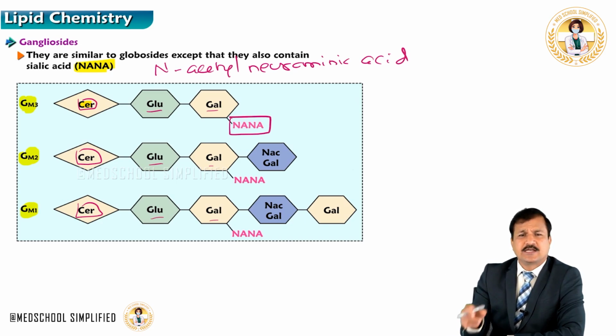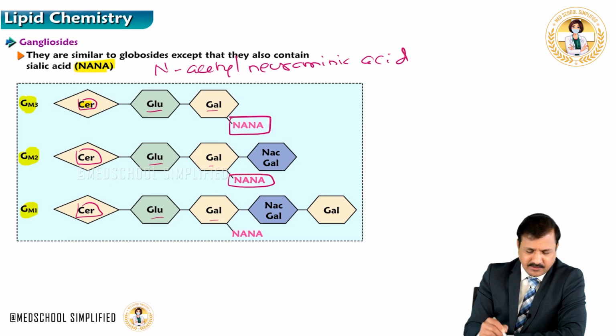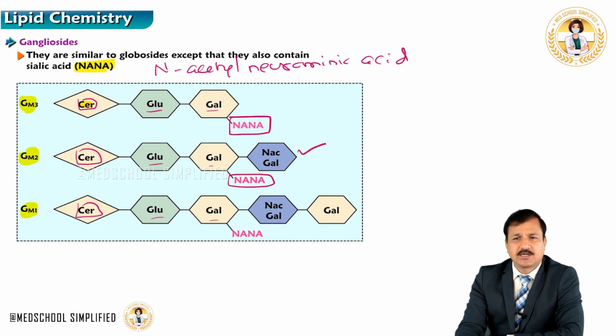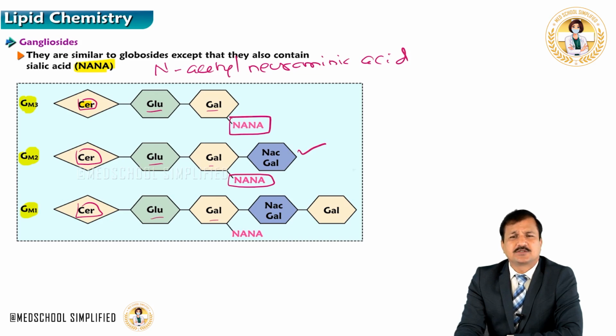GM2 ganglioside has ceramide, glucose, galactose, N-acetylneuraminic acid. Along with that, there is an attachment of N-acetylgalactosamine, that is GalNAc. That's an additional attachment to galactose there. That makes it a little more complex than GM3. That is what GM2 is.